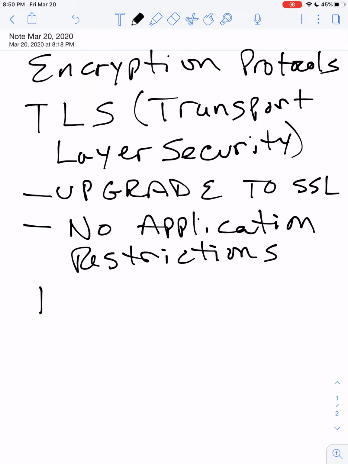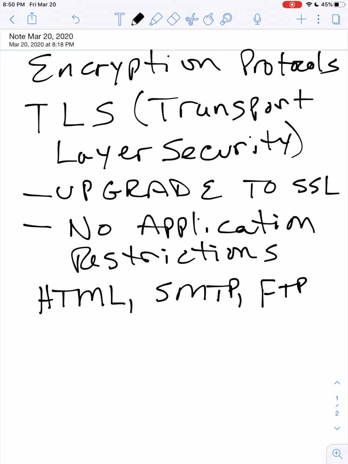So like SSL, we can encrypt HTML, SMTP, FTP, but we also have things like VoIP. We can use this as a VPN, and you'll hear the term SSL VPN, but in reality it's a TLS VPN, and others.